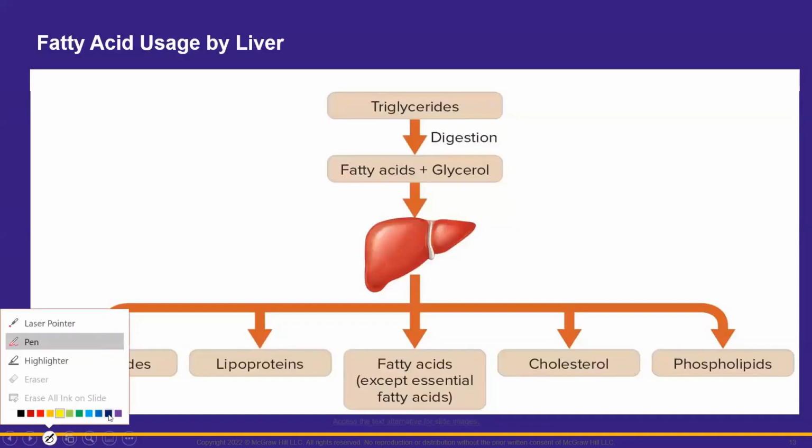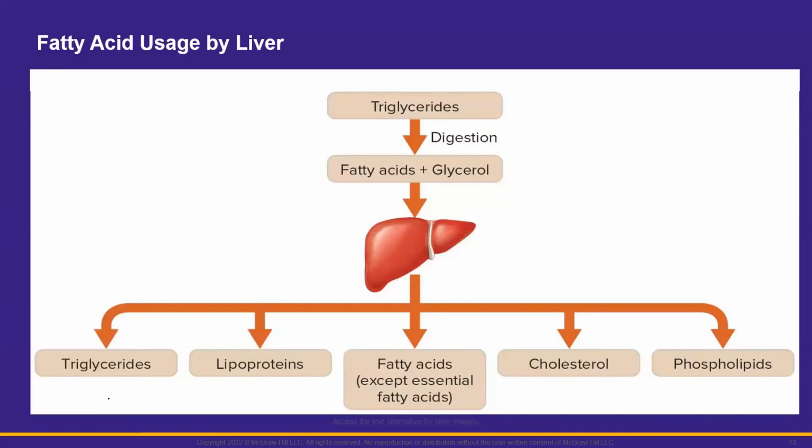Now, this is the schematic of lipids. Okay, start with triglyceride or fat that we eat. Digested into fatty acid and glycerol. So 3 fatty acids actually and 1 glycerol. It will go to the liver.